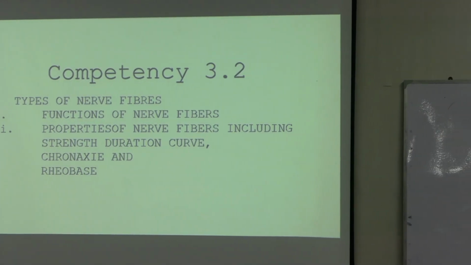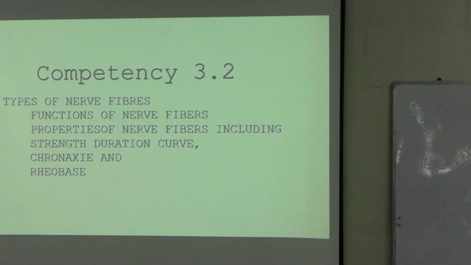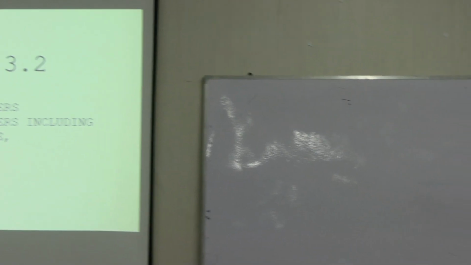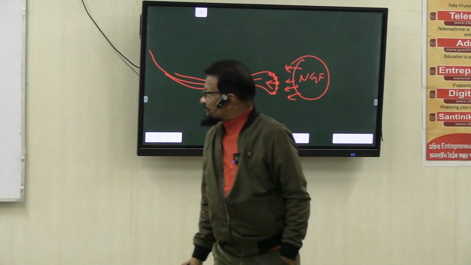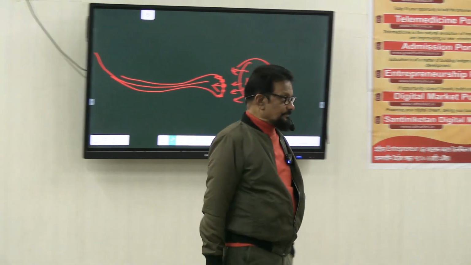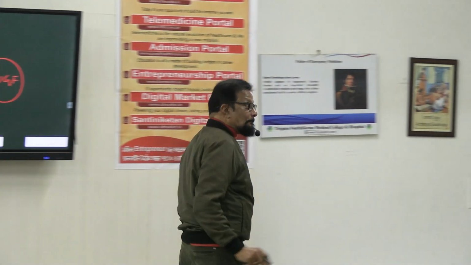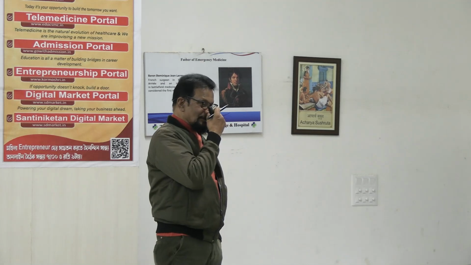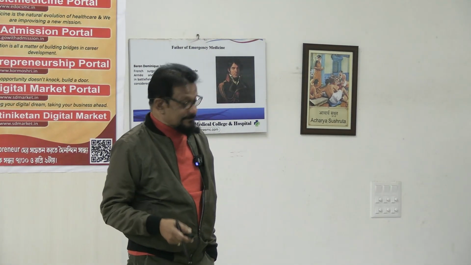Who is able to answer? It says properties of nerve fibers, including strength-duration curve, chronaxie and rheobase. This is written, but it covers so many things. So I will start to discuss it now.